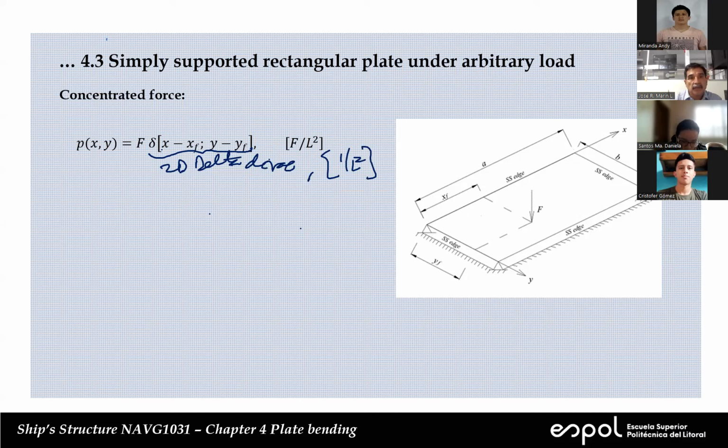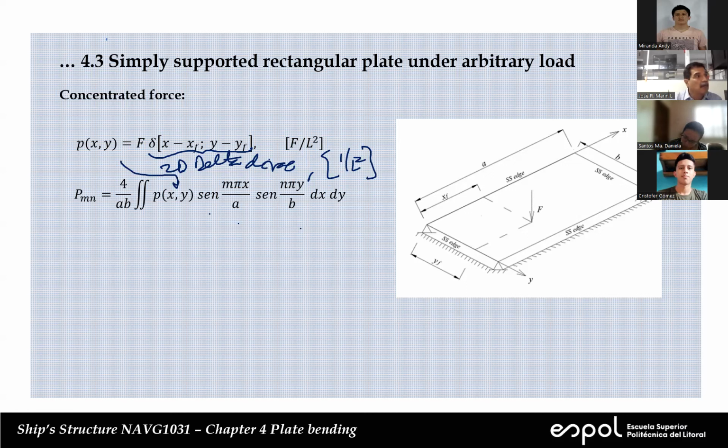Okay, so if we multiply that by F, the result is going to be force per unit area as we were expecting. Okay, if we integrate that, okay, we replace this into here, replace this into here.